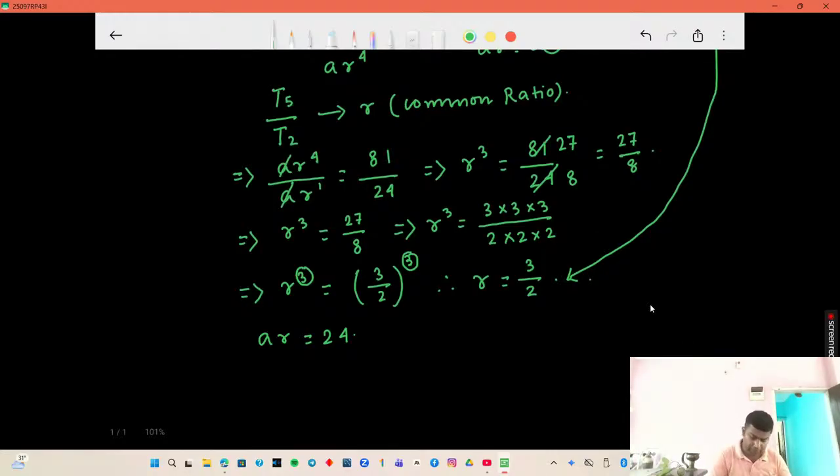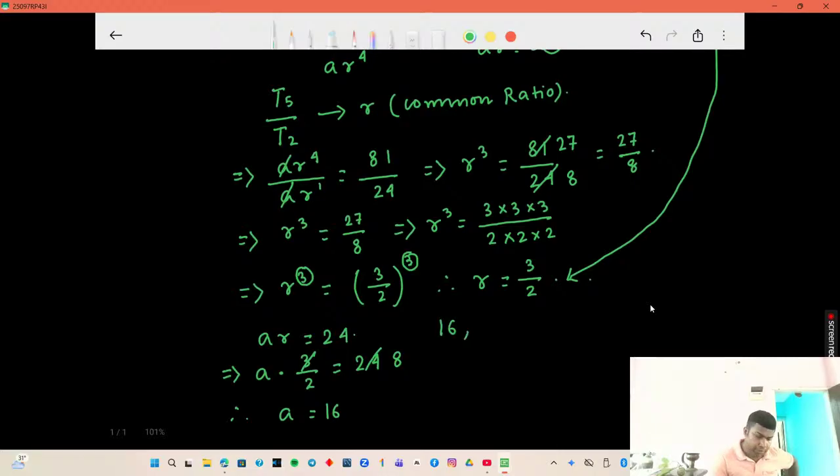Then what will be the value of A? R is 3 by 2. So by putting the value of R in this equation, we get the value of A, and A is the first term of the GP. Therefore, A is equal to 16. So the first term of the GP is 16.